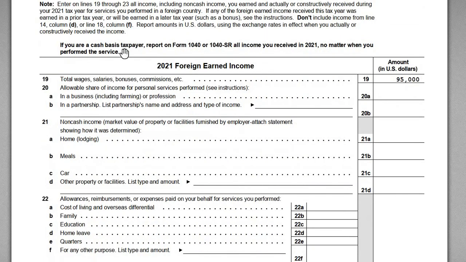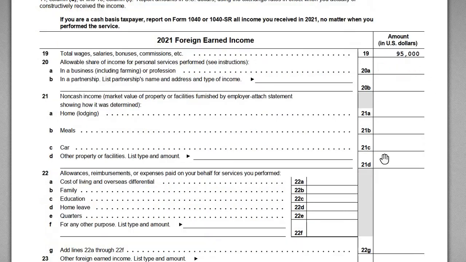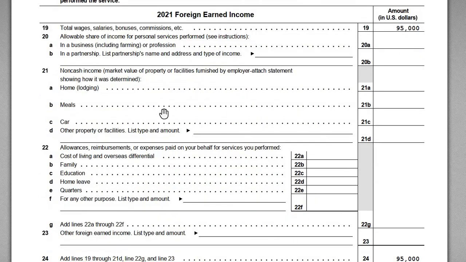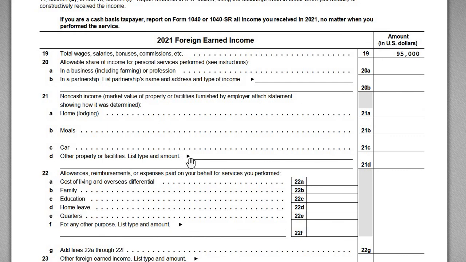So the amount of foreign earned income he has, again, the total wage is there, $95,000. Now, there's a number of other line items here for employer-provided fringe benefits. So if your employer is providing allowances for your lodging, meals, car, these things like this, generally, those are taxable fringe benefits, so they're included in your income.